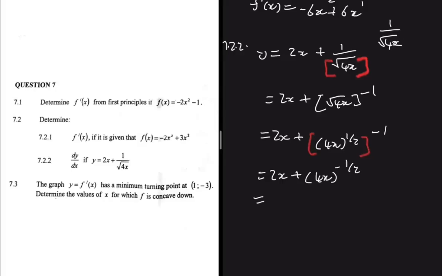So if we solve that, we're gonna get 2x and then 4x to the power minus a half. So we have 4 to the power minus a half. I'm getting 1 divided by 2. So I have plus 1 divided by 2, and then x to the power minus 1 divided by 2.